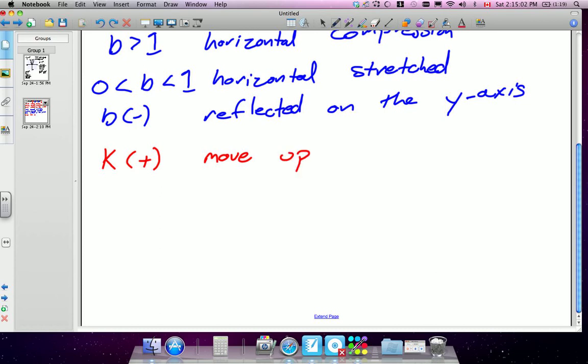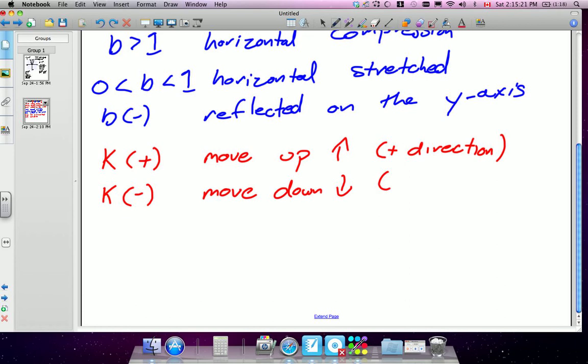If k is negative, we're going to move the entire function, or whatever the graph is, down, or in a negative direction. Does that make sense? It makes sense because positive, you think going upwards, negative, you think downwards, just like a temperature, right? So k is intuitive, in other words.